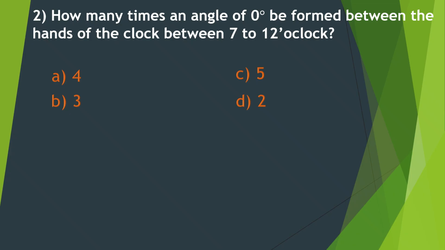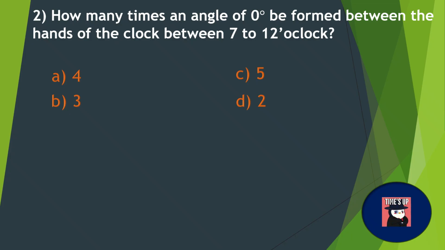Second question on your screen and your timer starts now. How many times an angle of 0 degree be formed between the hands of the clock between 7 to 12 o'clock? Time up. 7 to 12 o'clock. 7, 8, 9, 10, 11, 12.